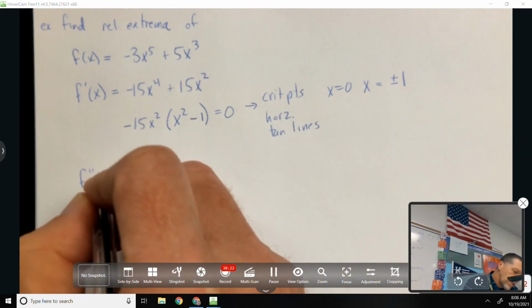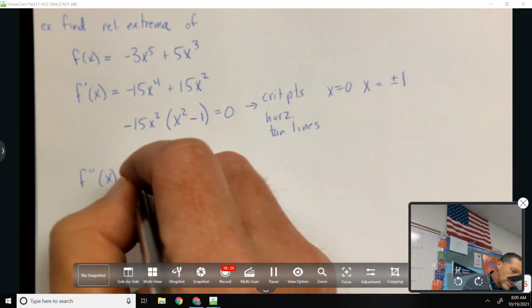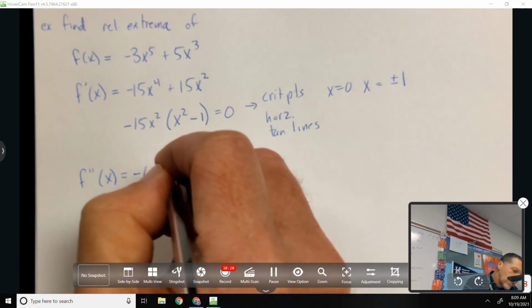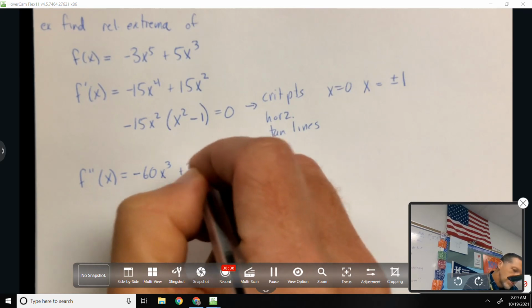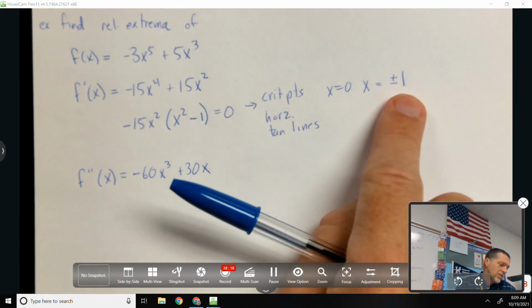Second derivative. So that would be -60x cubed plus 30x. Which feels like we're getting a little bit ridiculous here, but we're only going to be plugging in zeros and ones, so it's not that big a deal.